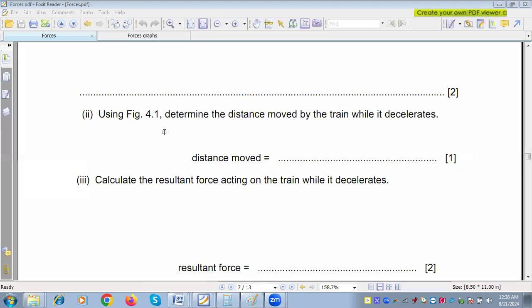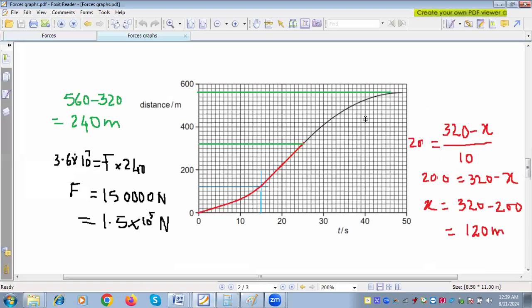I will show the graph again. How did we calculate the distance covered while decelerating? The deceleration time is here. After that, it stops. So that distance is 560 meters, and the distance when it starts decelerating is 320.